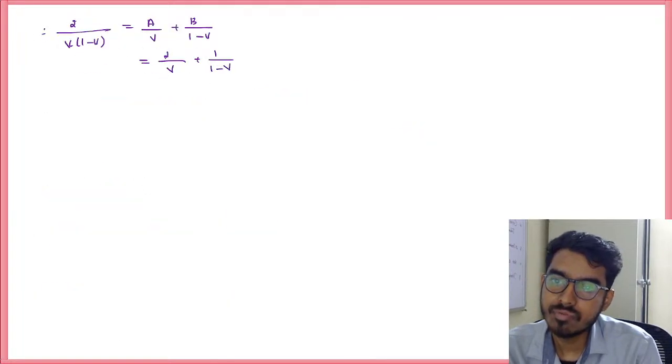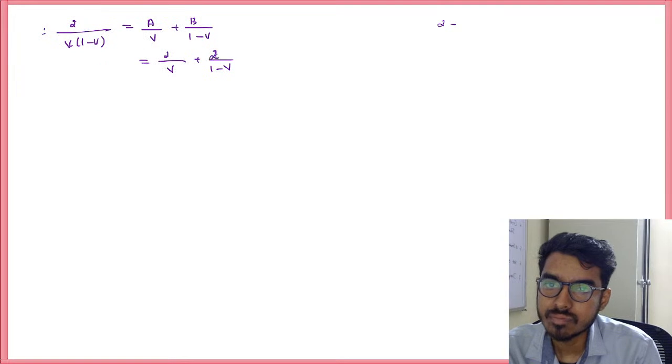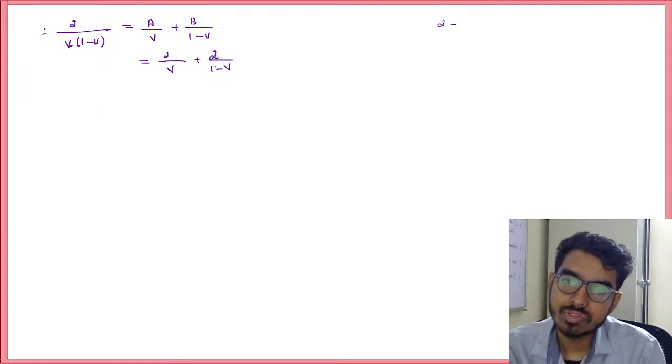You can check it out: if I cross multiply, 2 minus 2v plus 2v gives 2.